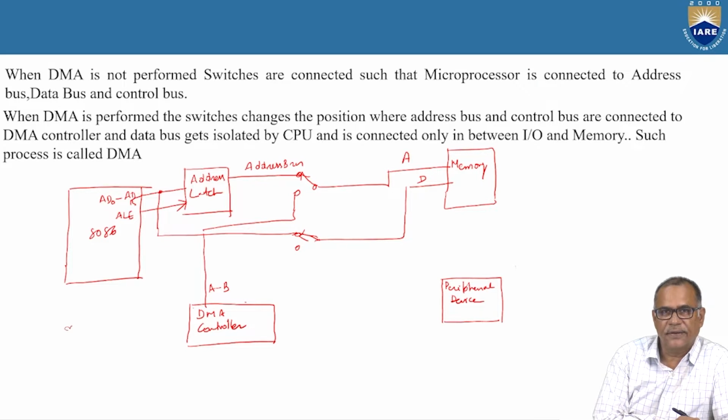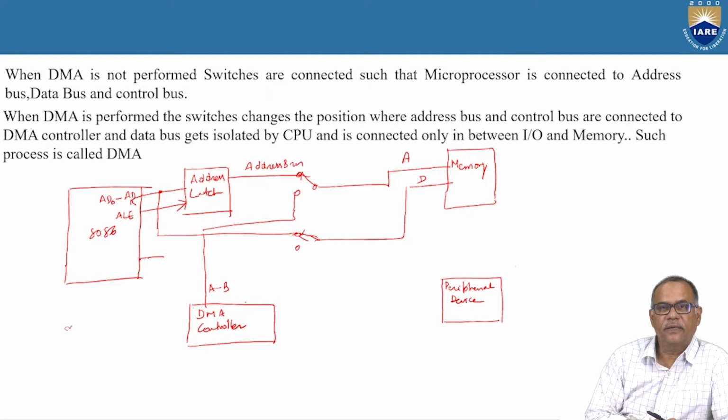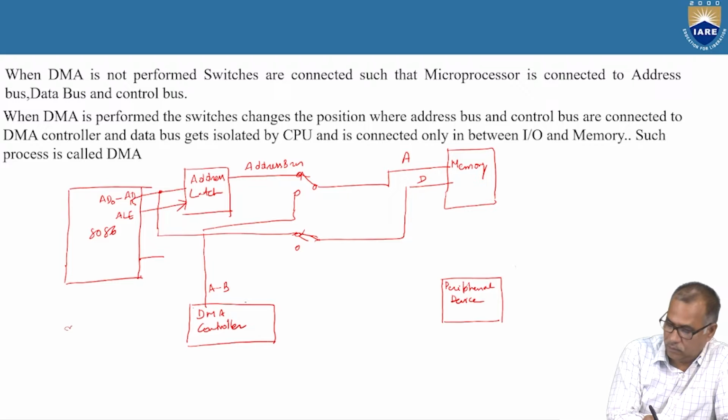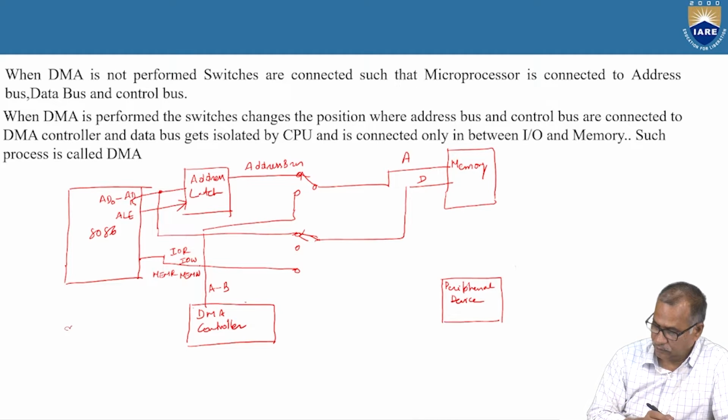What are the three buses? Address bus, data bus, and the control bus, CB. This control bus basically contains the I/O read, I/O write, memory read, and memory write signals. These are the control signals.